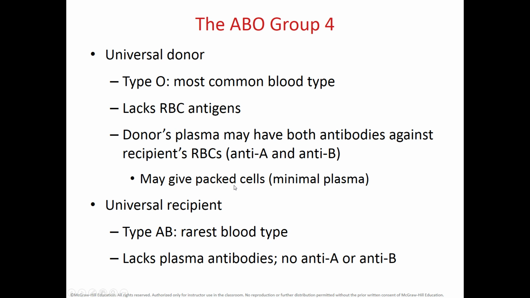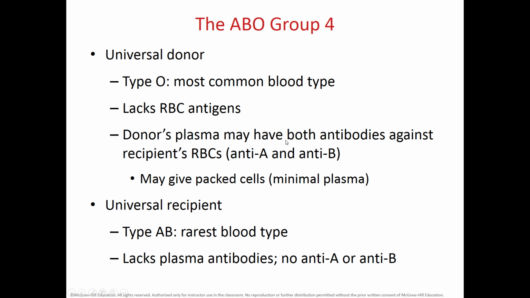The donor's plasma may have both antibodies against the recipient's, anti-A and anti-B, so it may give packed cells with minimal plasma. But when it comes to the red blood cells, the person doesn't have antigens, so it can donate to any type of blood.